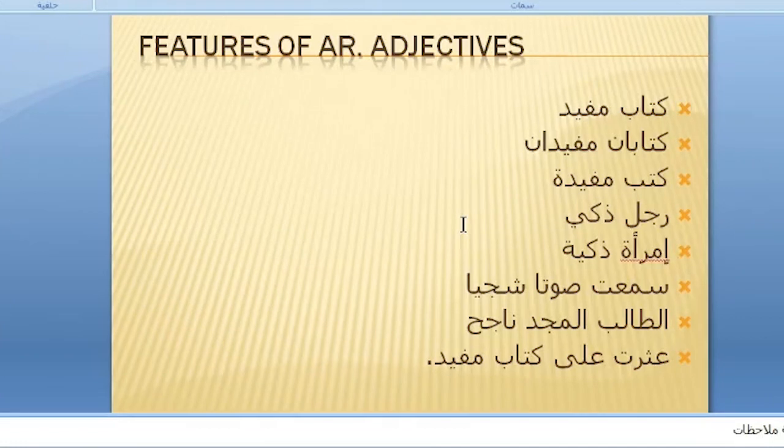Thus we can conclude, نقدر نستنتج, that gender affects the Arabic adjective, but it does not affect the English adjective. And again, this is another difference between the Arabic adjective and the English adjective.